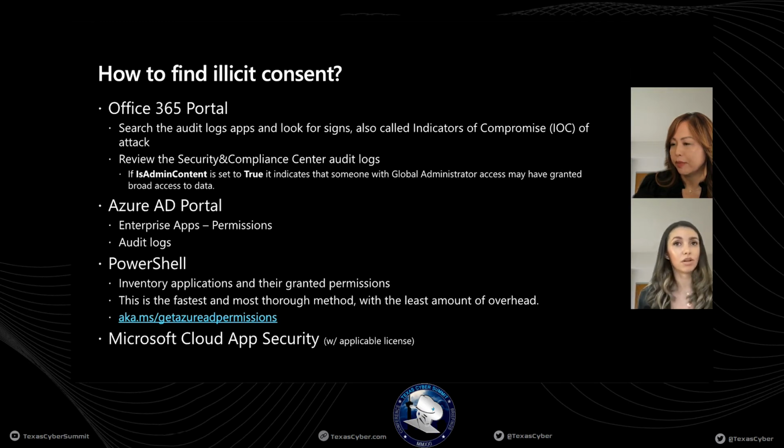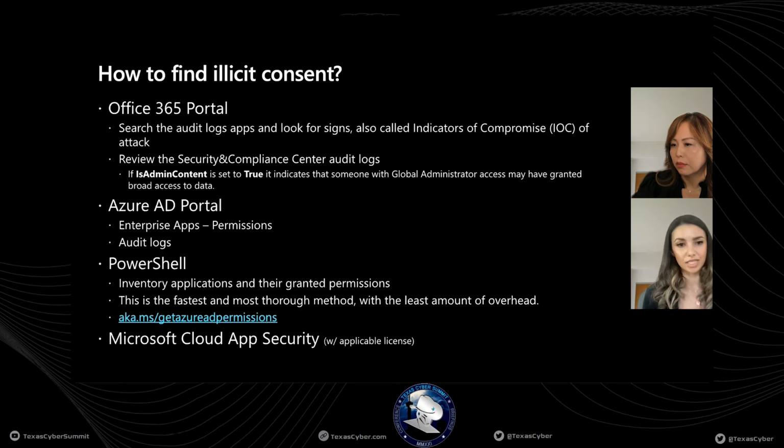If you do have applications in Azure AD, and if you registered different apps or have multi-tenant applications, for example, consenting to register applications in your tenant, then the Azure AD portal can also be an option.